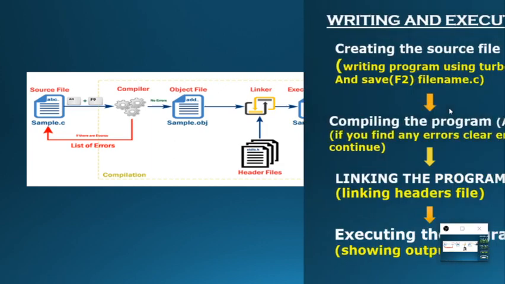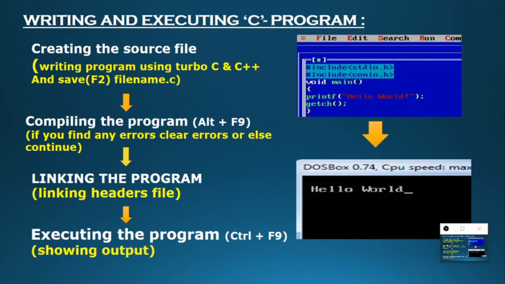Nice, right? This picture will make it easy to understand. The starting was the source and the last was executing. In between we save with the help of F2. We save by giving some file name .c, and immediately we compile using Alt F9. If you have errors, it will stop, otherwise it will continue, then it will link with the header files. And when you press Control plus F9, it will show you the output.